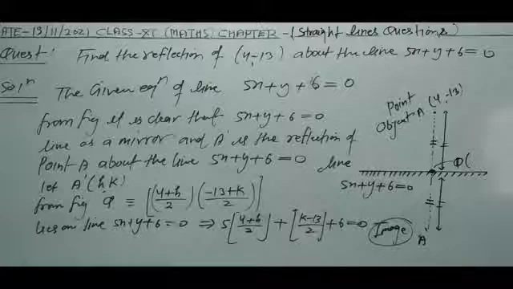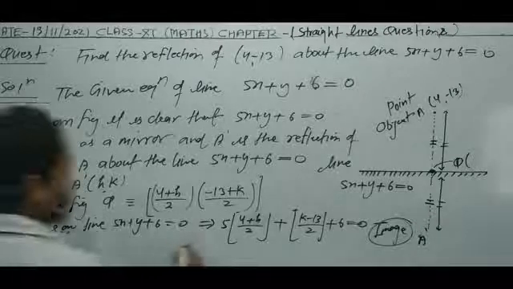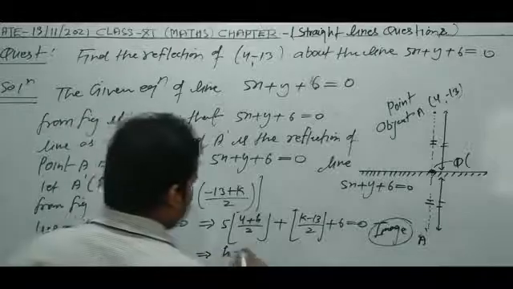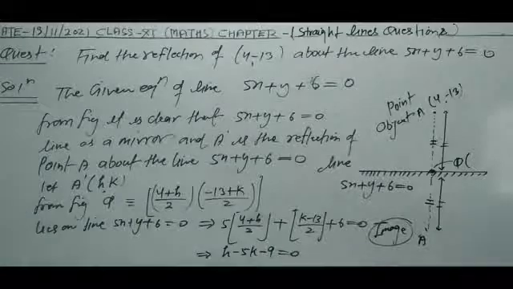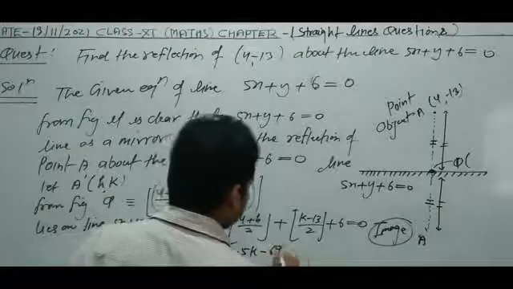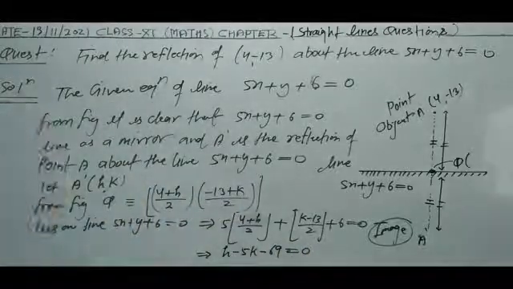So after calculation, what will be the result? The equation will be h minus 5k minus 69 is equal to 0.